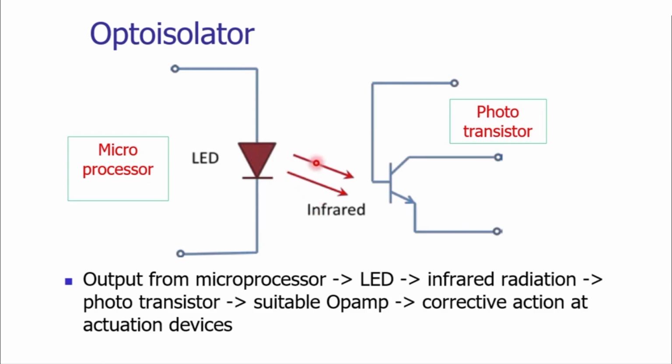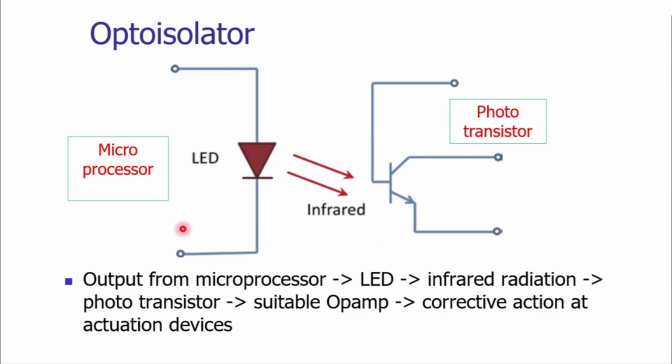The light energy will be incident upon a phototransistor. The photons which are coming from the light will be incident on the phototransistor. Those photons will be utilized to convert it to an electrical signal, and that electrical signal will be continuously monitored.